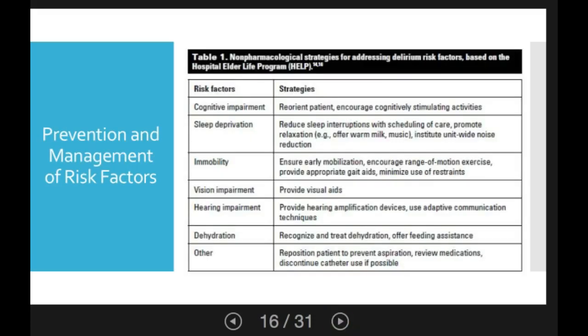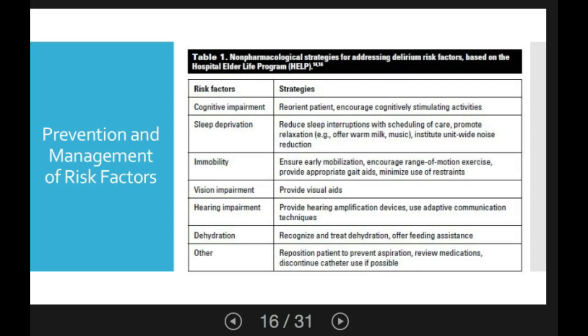This chart gives several suggestions on how to prevent or minimize some of the modifiable risk factors related to delirium in older adults. So, for example, with sleep deprivation, if we can reduce interruptions with scheduling of care and promoting relaxation, it can really make a big difference in reducing a patient's risk for developing the syndrome.